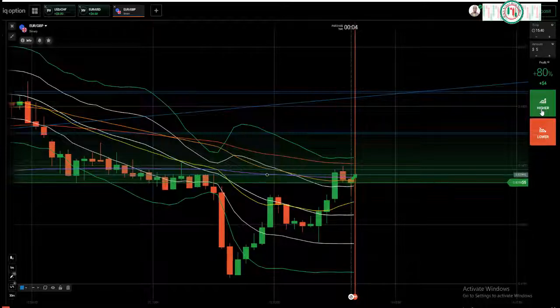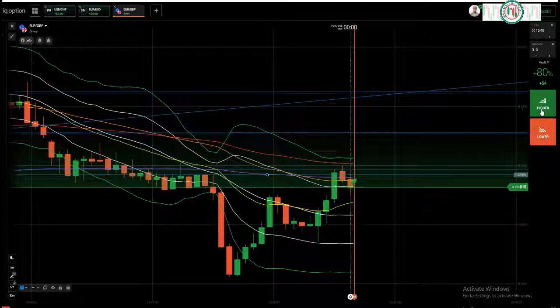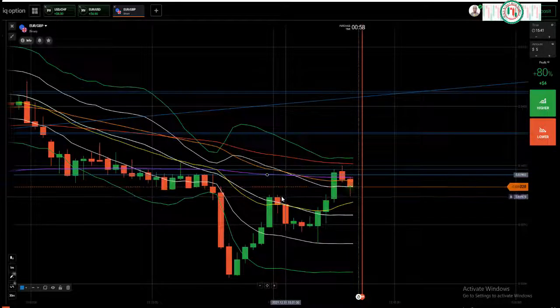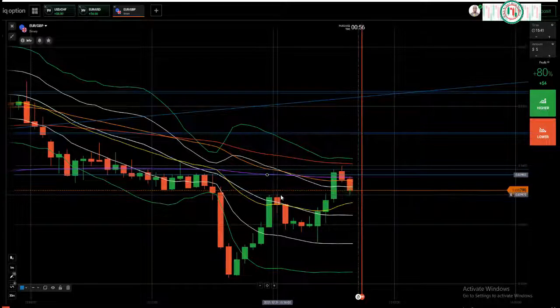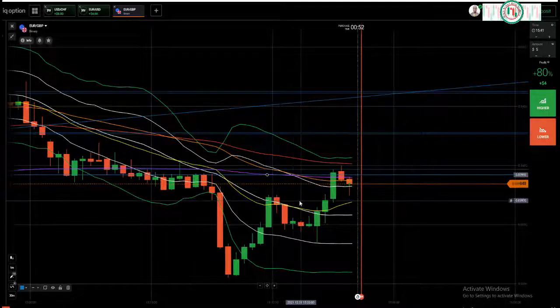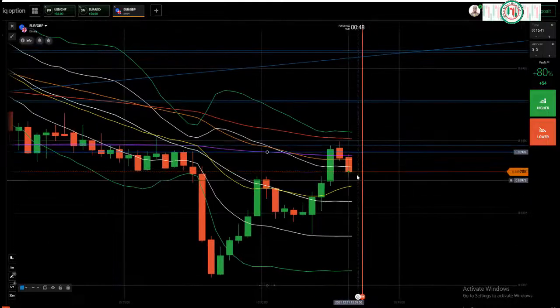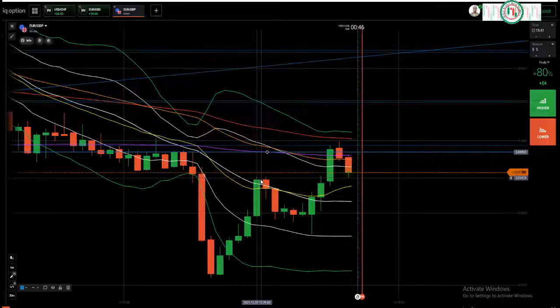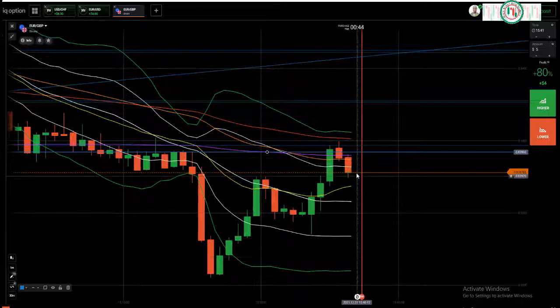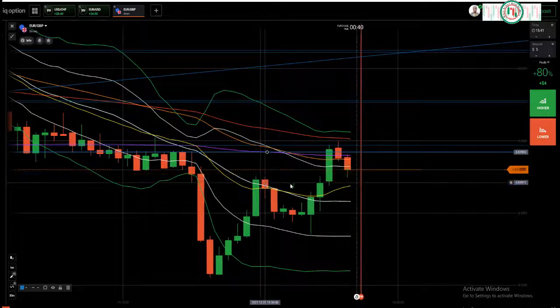Down, because of the range market, I will need a better entry point, but the market is not coming down. I wanted to enter from this level, at least here, because I know it may create a red candle. So the market, you see, is creating a red candle. I wanted to enter below this level.